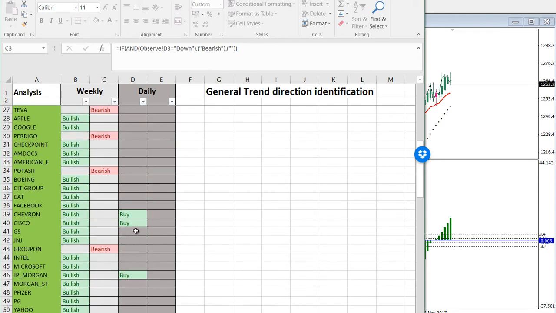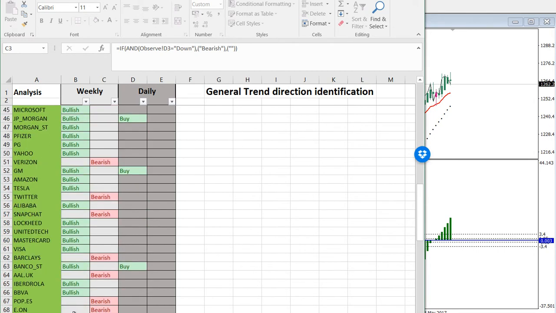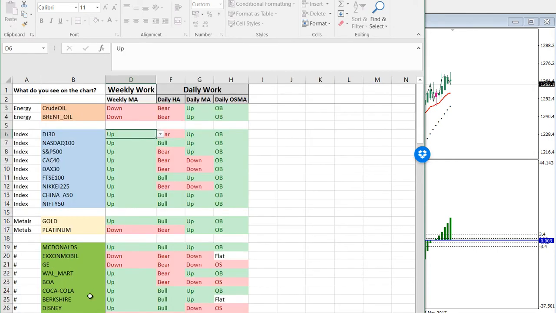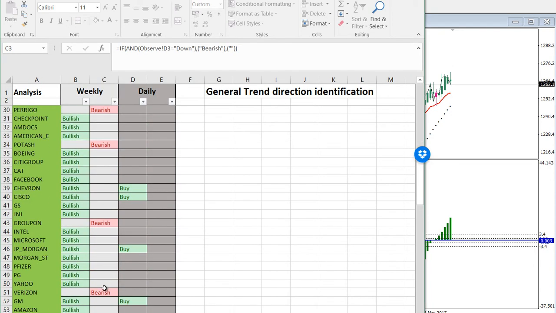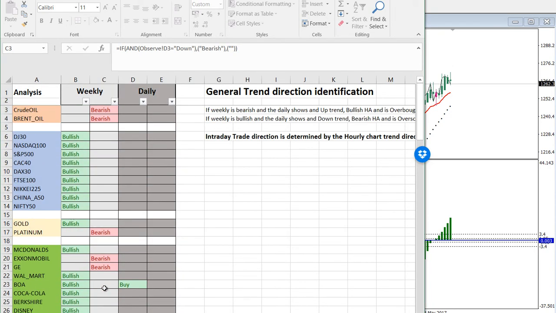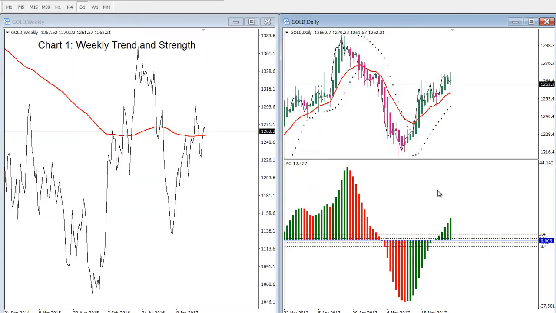So the whole object of the game is to find out, through the observation, what there is to trade, and B is to find out when. Once we know which direction we want to trade in, we can switch to the charts and have a look at our trends and follow our strategy using MetaTrader 4.